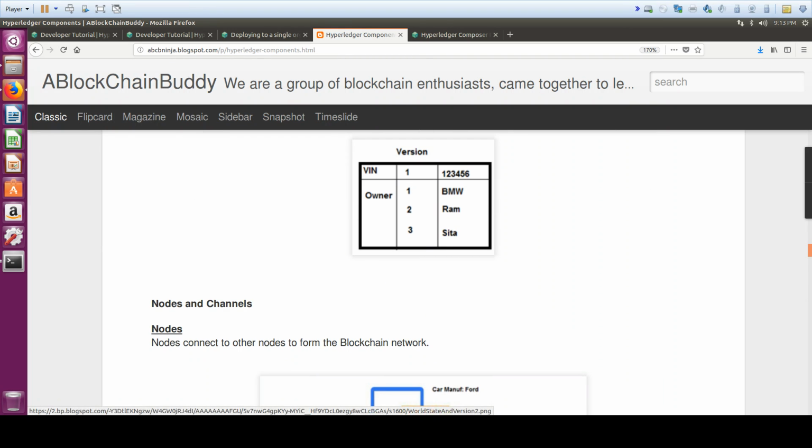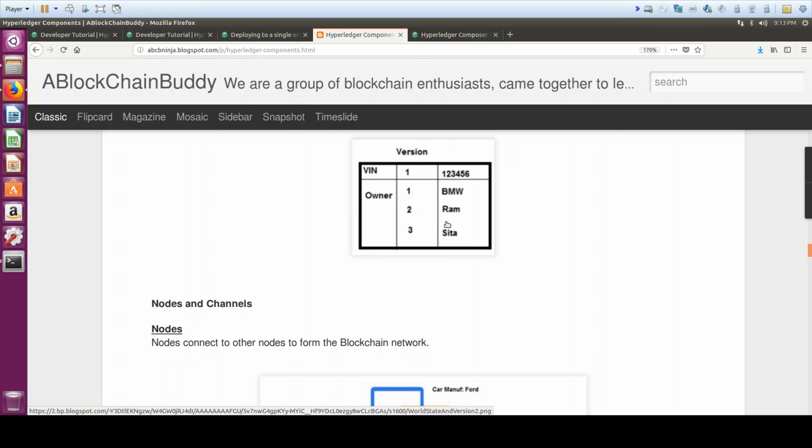Okay, this is the version, this is the key, this is the value. This is information about a car with VIN number 123456. So the VIN number version is 1, value 123456. Owner: the initial owner is BMW, who manufactures this car, version 1. BMW sold to Ram, so the version is incremented to 2.